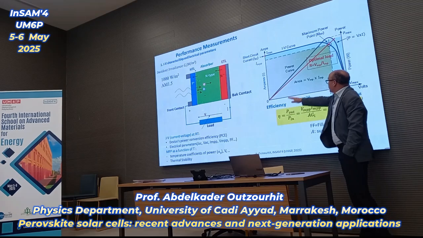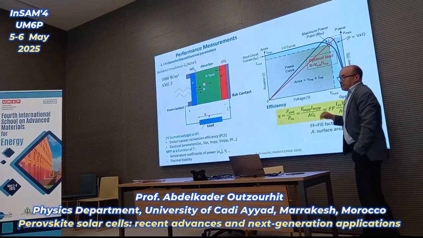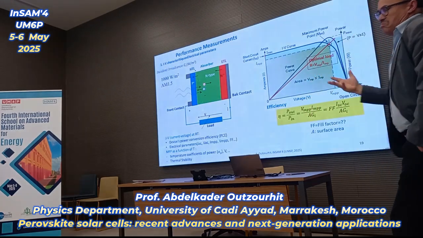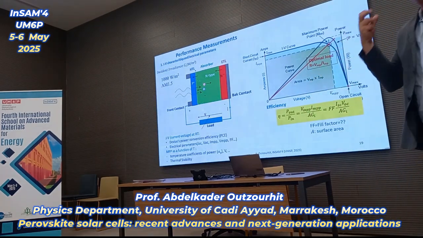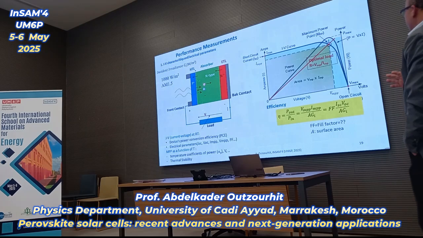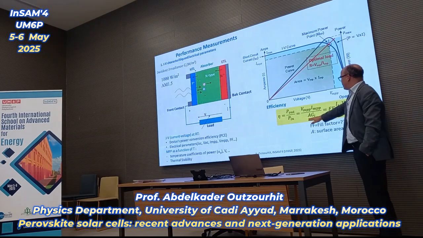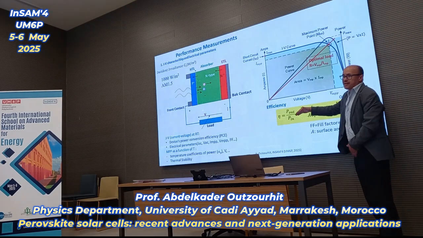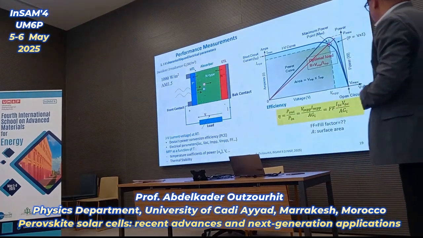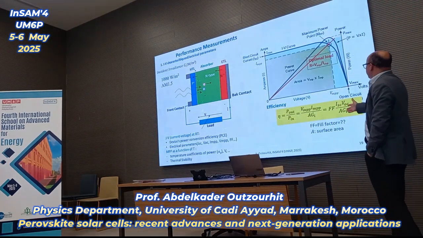For the output power, we have to determine the maximum power that we can extract from the cell, because it doesn't make any sense otherwise. You have to extract the maximum power from the cell, so use it at the maximum power point, divided by the input power, which is just the surface of the cell times the incident irradiance. You can also express that in terms of fill factor.